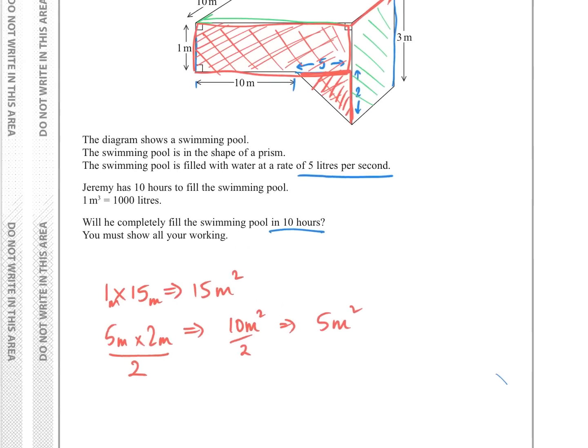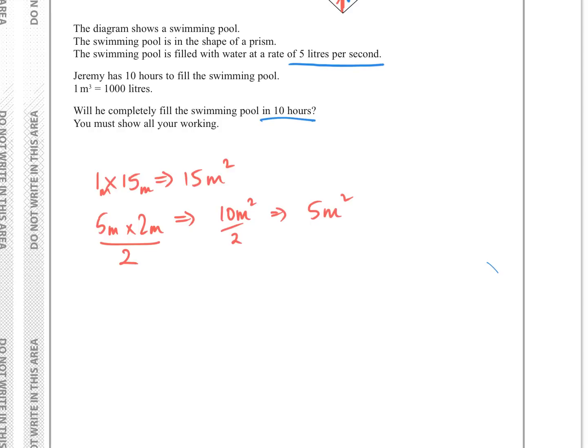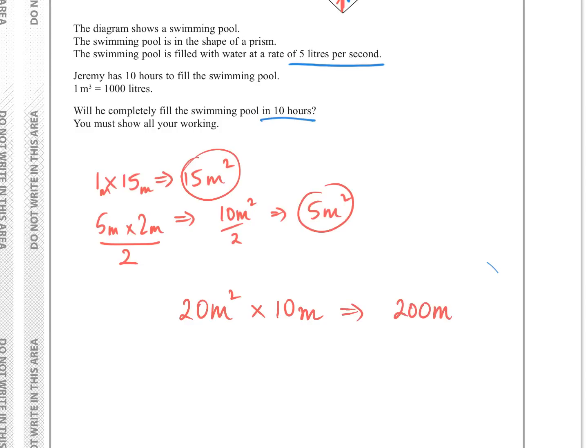So all in all, we have 5 metre squares and 15 metre squares makes 20 metre squares, and I'm going to times that by the depth or the length, whichever one we've got left. So in this case we have 200 metre cubes, okay, of volume.